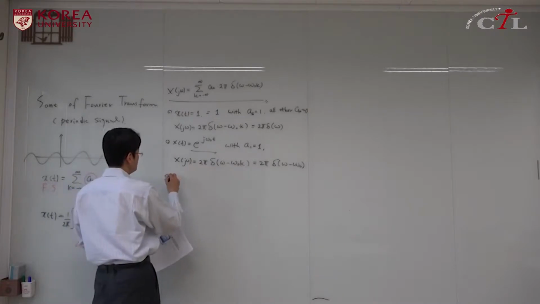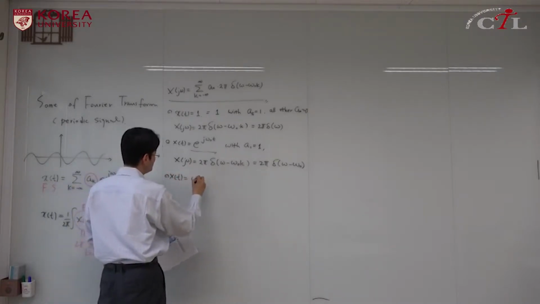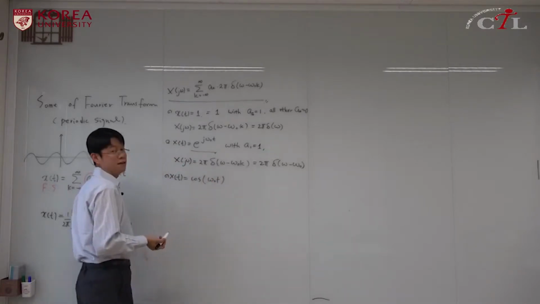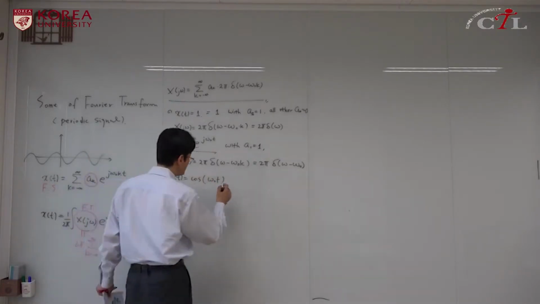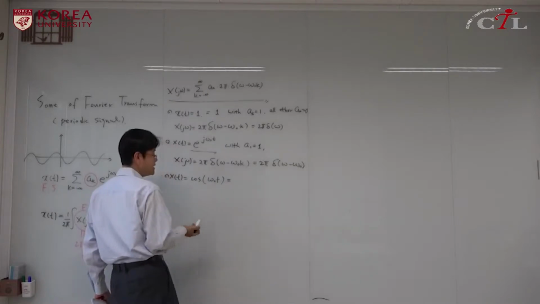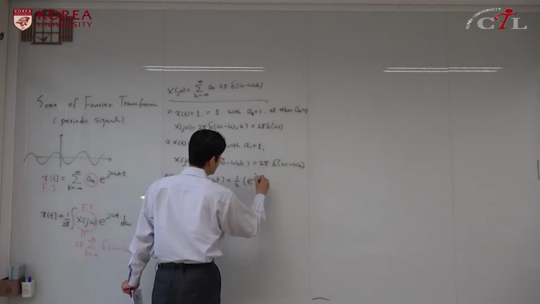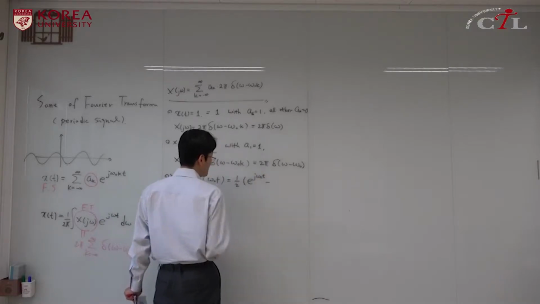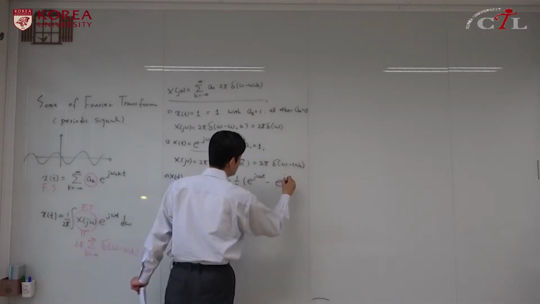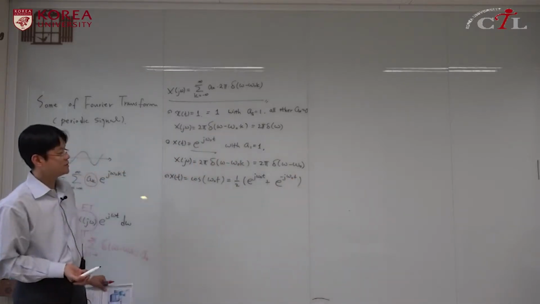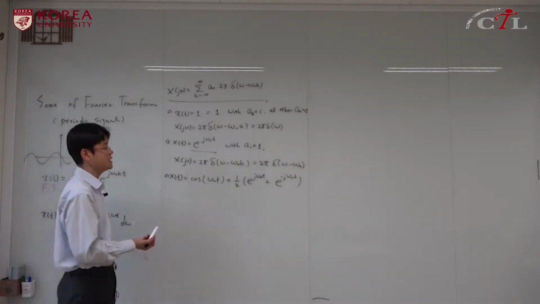Or we may do that for cosine omega_0 t using the Euler identity. Simply we can write it as half of e^{j omega_0 t} plus e^{minus j omega_0 t}.